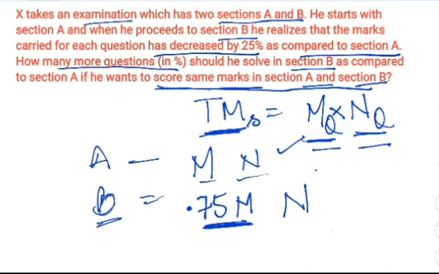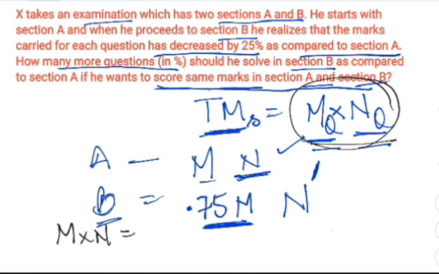So let it be N dash if he is doing N number of questions in section A. So from this we'll get an equation because the product has to be the same: M into N is equal to 0.75 M into N dash. Now M and M get cancelled.